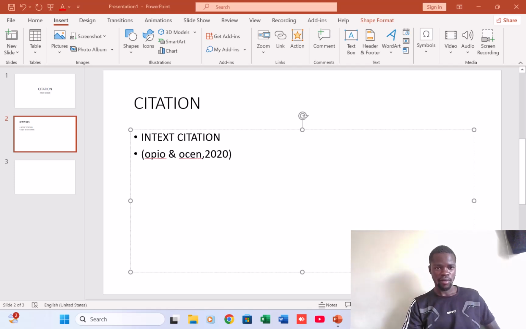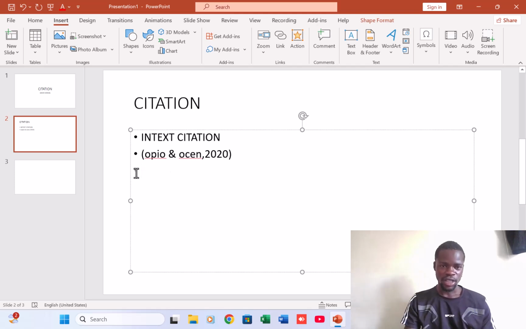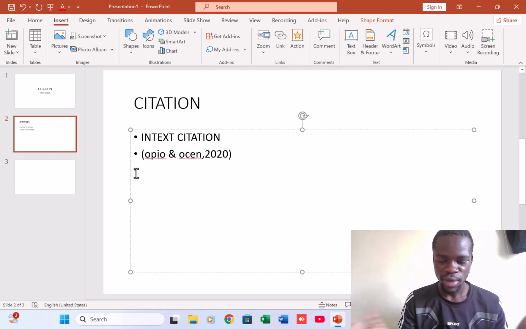You say Opio & Ochen, 2020 at the end of the sentence. But in a narrative, in the middle or at the beginning of a sentence, you say Opio and Ochen, where "and" is written in words, and the year of publication is in the bracket.